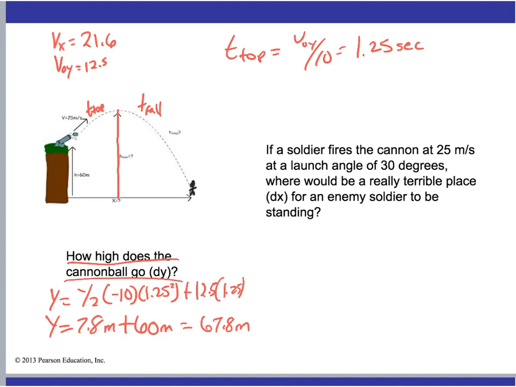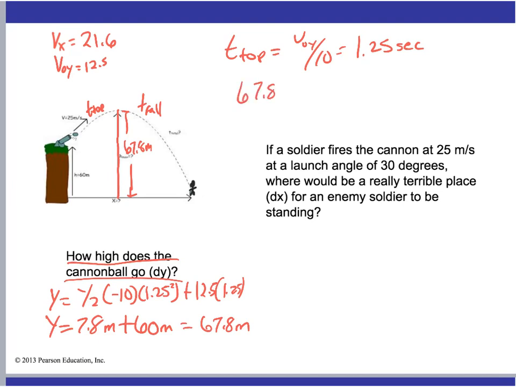Okay, so now we know the time to the top is 1.25, but now I need to figure out how long it takes to fall. So I'm going to have to use the y formula again. This time it's falling for 67.8 meters, so I'm essentially just treating it like it's falling. I'm not worried about the first half anymore.